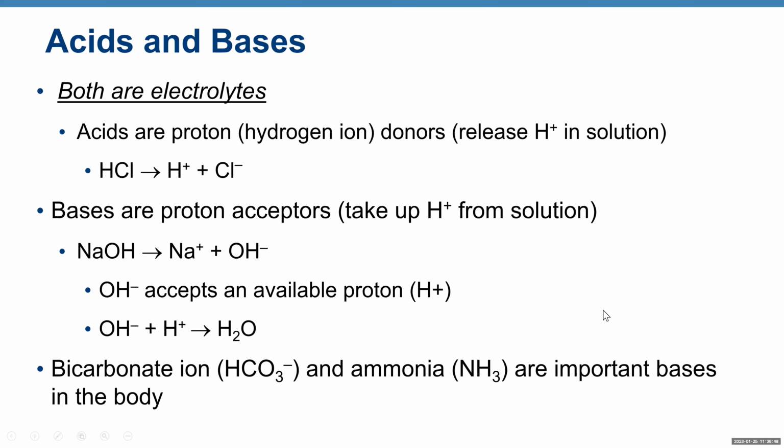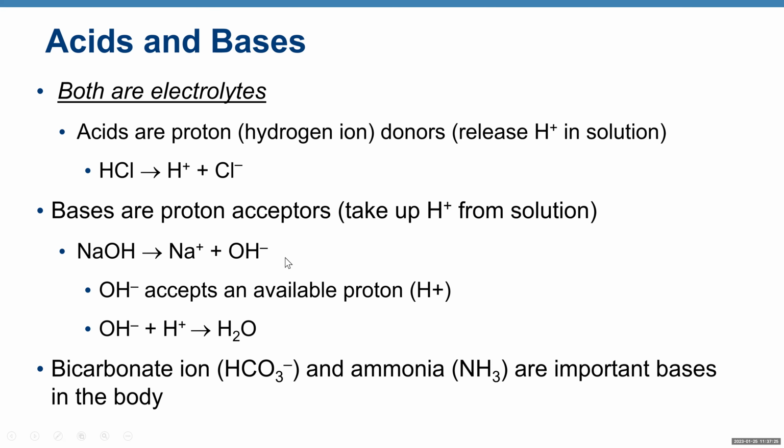Now, acids and bases, both are electrolytes. Acids are proton donors, hydrogen ions. They release hydrogen ions in solution, and bases are proton acceptors. They take hydrogen from solution. Right, so for example, over here, we have a base that would accept hydrogen forming water, right?